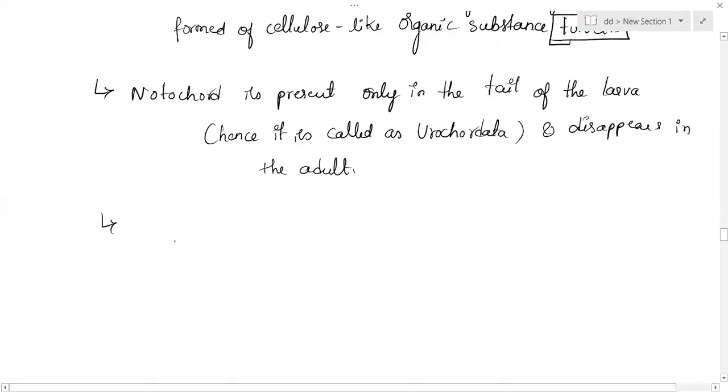Here the larva, which larva? The ascidian tadpole we call it, but in depth you don't need that much. So the larva undergoes retrogressive metamorphosis.